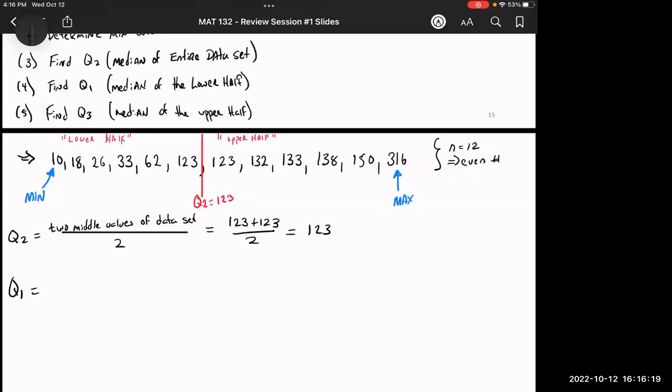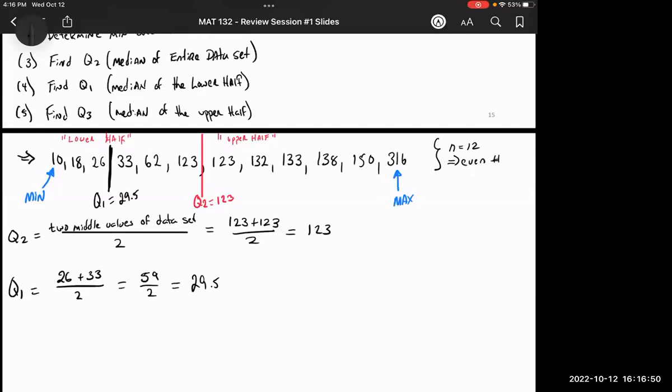So those two middle values are what numbers? 26 and 33 divided by 2. So what's 26 plus 33? 59. 59 divided by 2? 29.5. So technically speaking, between that 26 and 33 there is your Q1, which is 29.5.